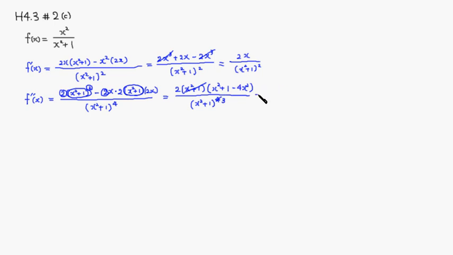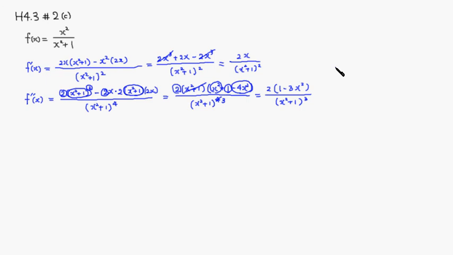Combine x squared and negative 4x squared, so it's 1 minus 3x squared, all divided by the quantity x squared plus 1 cubed, with the 2 out front.